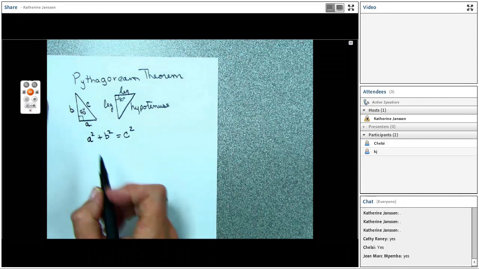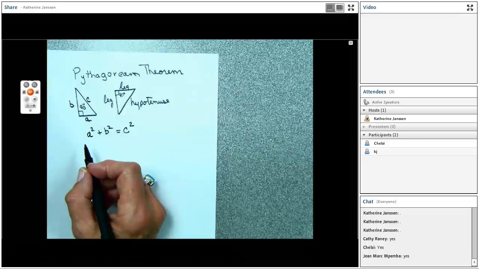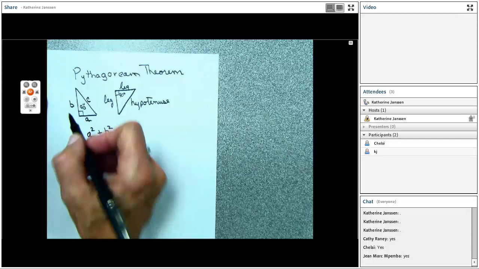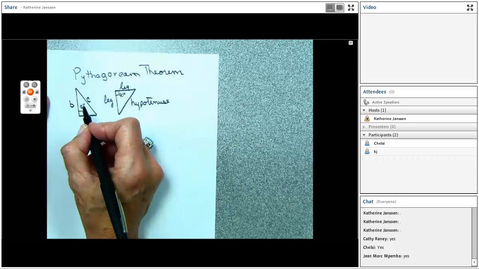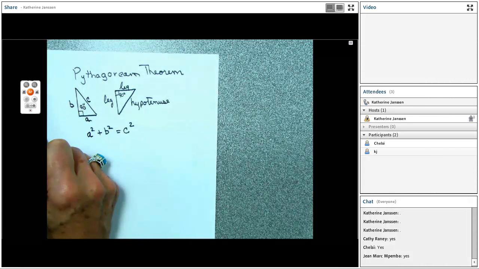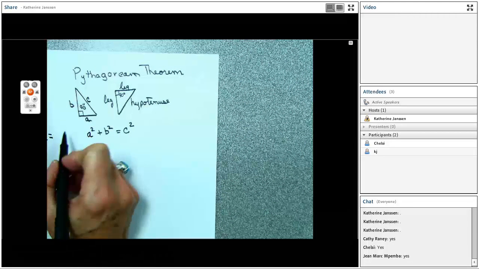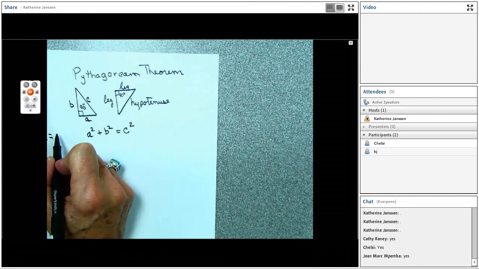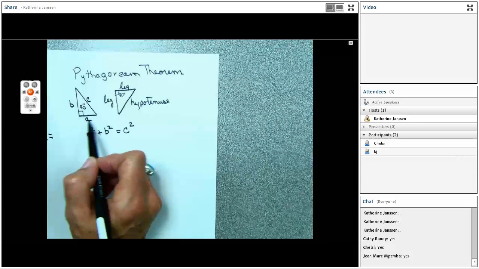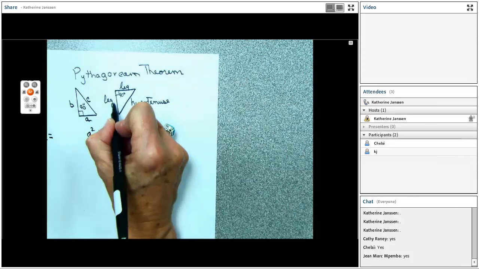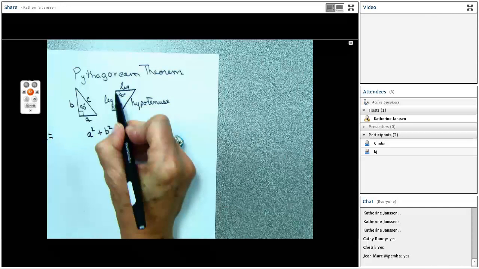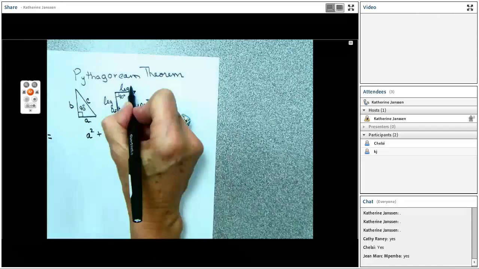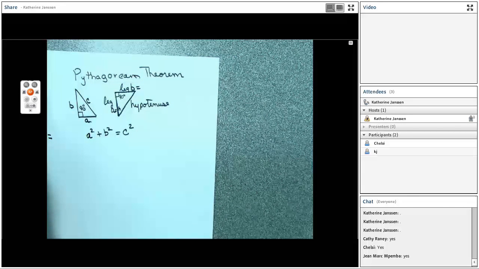So if we have an example where leg A equals the height. Leg B, they tell us, is equal to 8 inches.